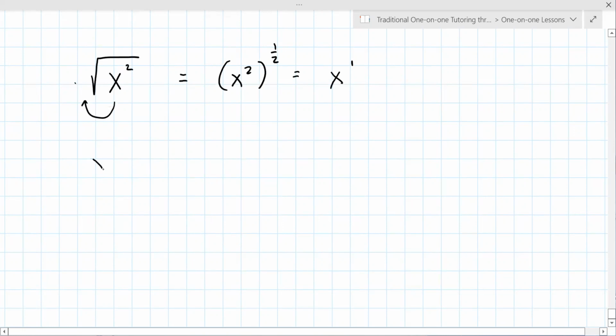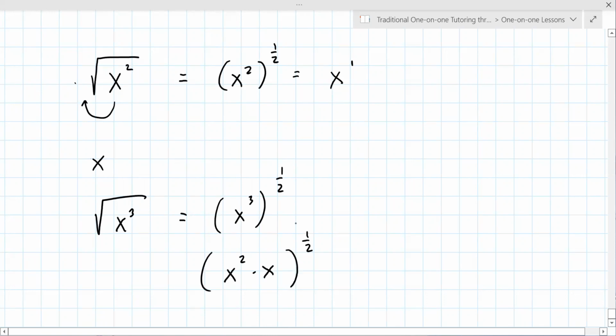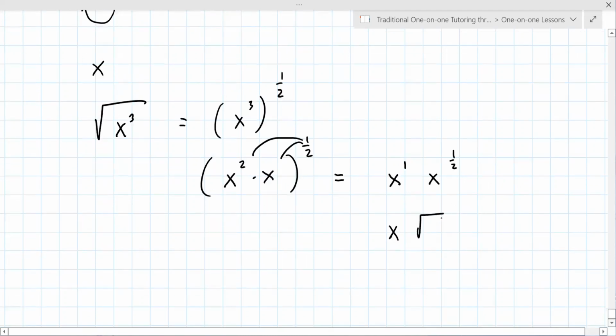This becomes x. But let's say it's the square root of x cubed. Well, this is x cubed to the 1/2 power. But really inside here, it's x squared times x all to the 1/2 power. And this is a new property that we'll get into next time. You have to give that exponent to both. It becomes x times x to the 1/2, and it's x square root of x.